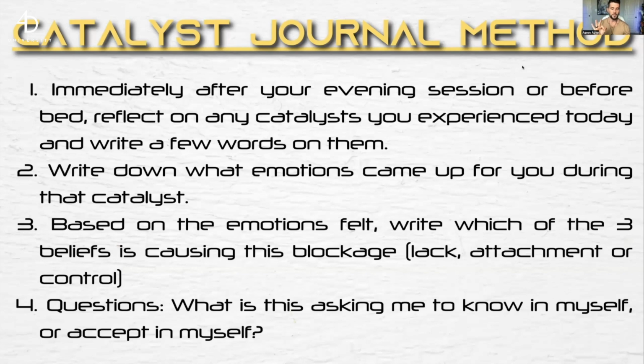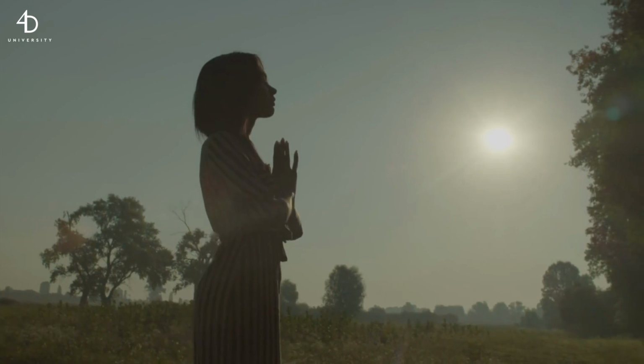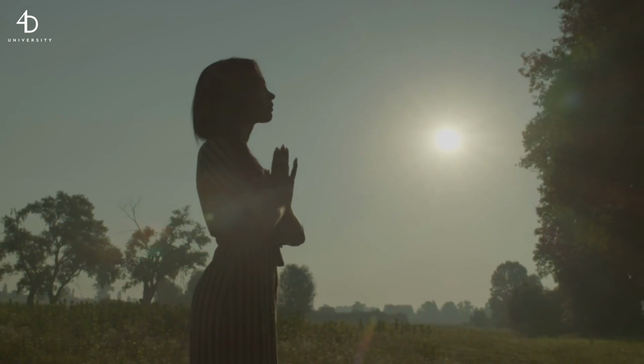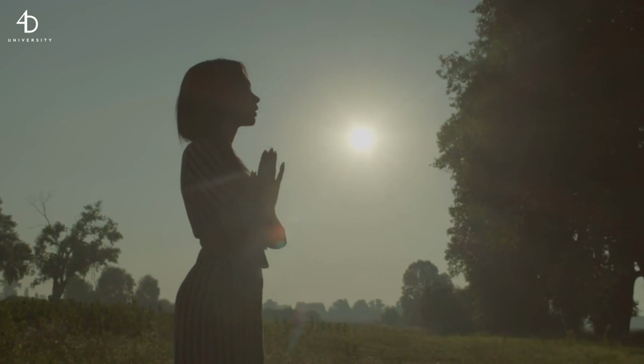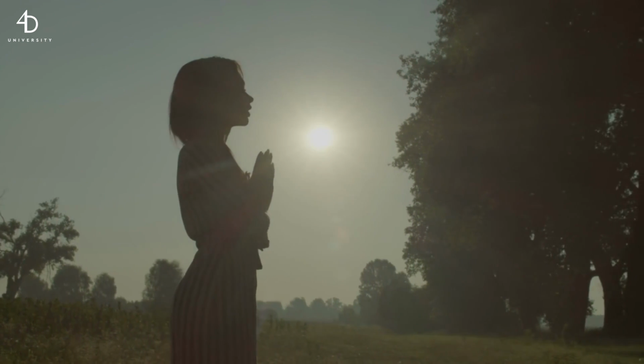Step 3 is, based on the emotions that we felt, you're going to write out which of those 3 beliefs is causing this blockage that you're experiencing. So most of us are familiar with the 3 beliefs of ego: the belief in lack, the belief in attachments, or control, personal doership. Lack is the belief that causes sadness.